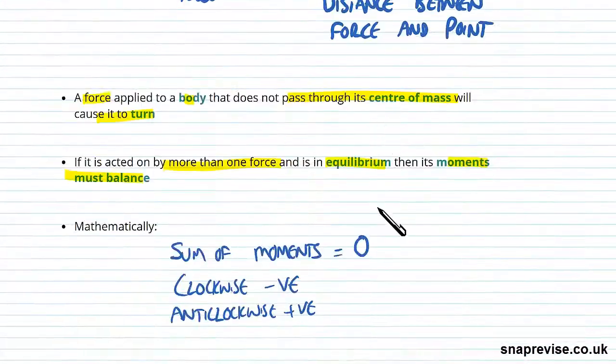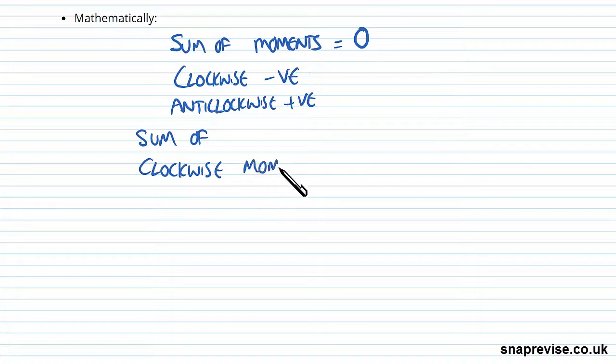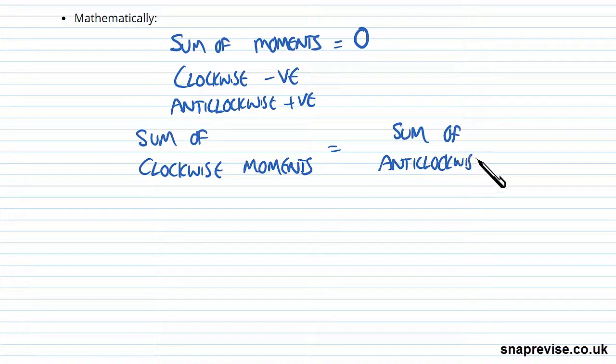That's just convention. Or we can see it as the sum of the clockwise moments is equal to the sum of the anti-clockwise moments. We just work them out separately and then compare them, and if they're the same, then we must have that our moments balance, and so we're in equilibrium.